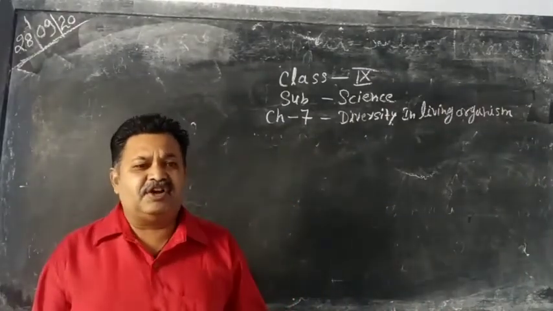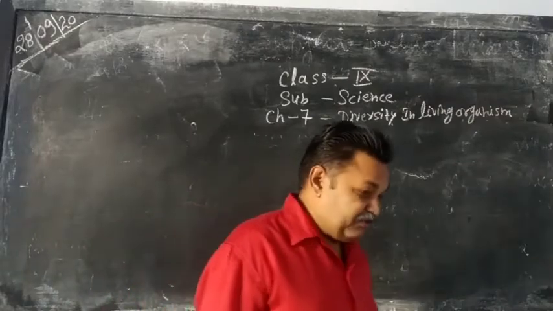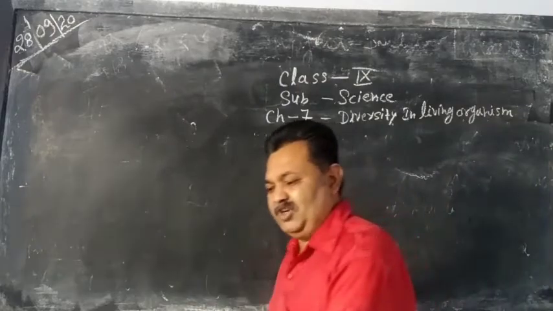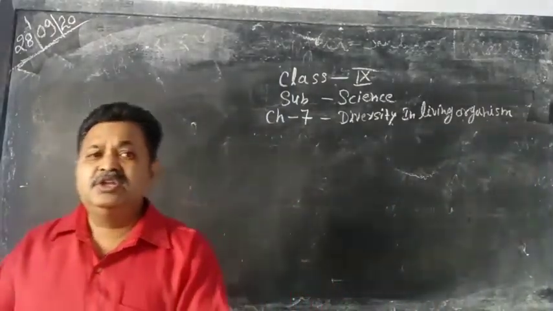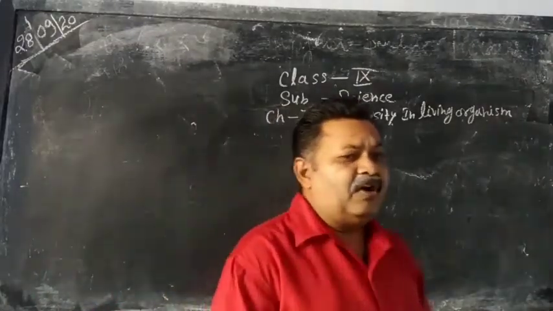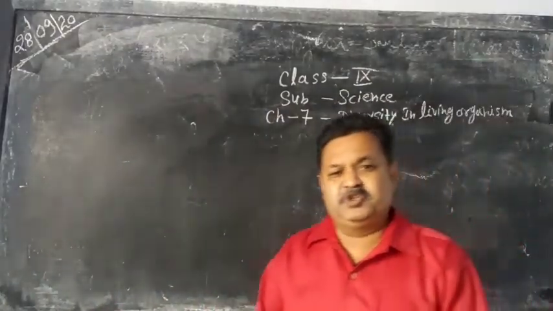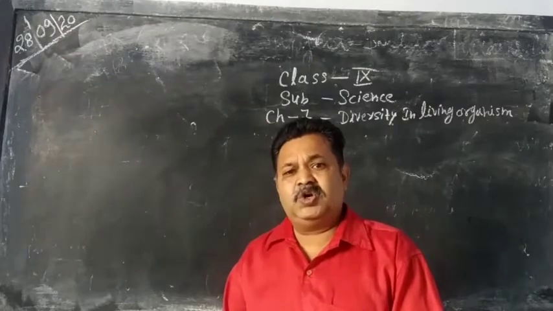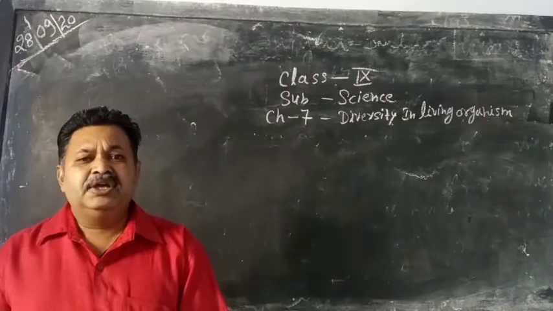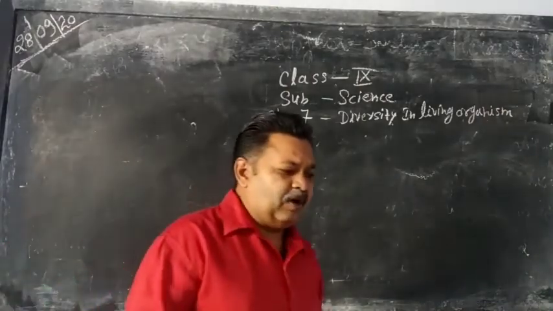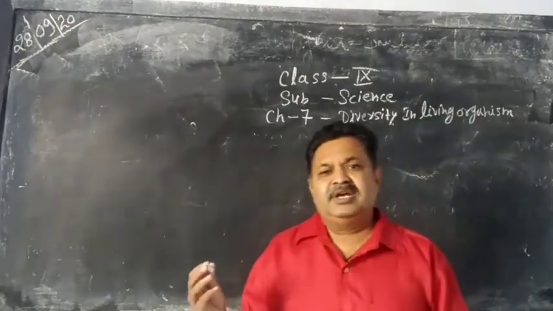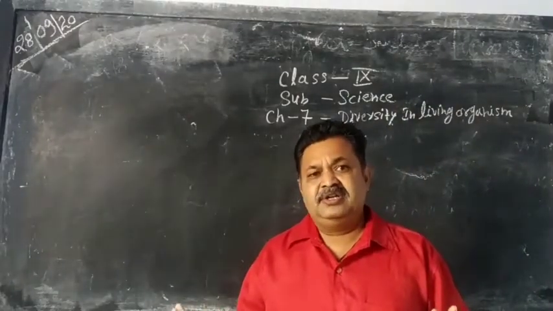There are large varieties of flora and fauna, or plants and animals, in the world. So we don't study all living organisms individually. We have to classify them on the basis of their characters and properties.